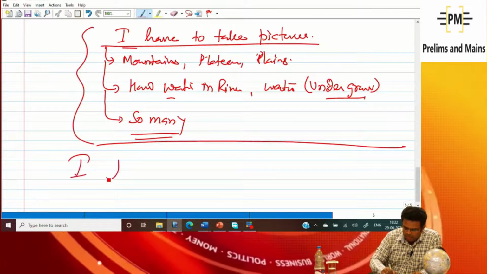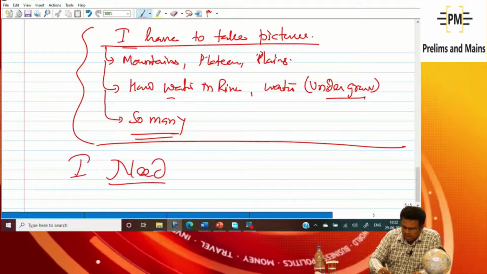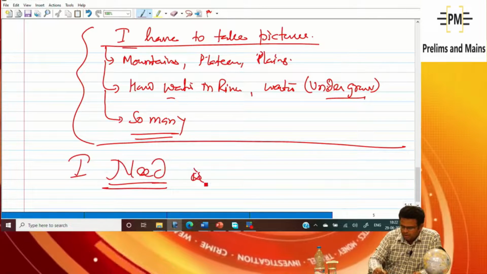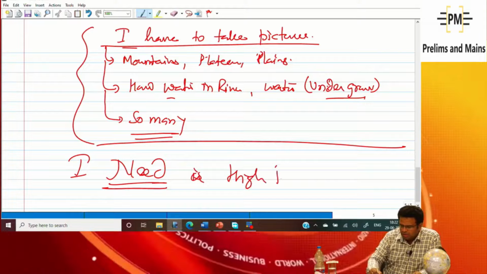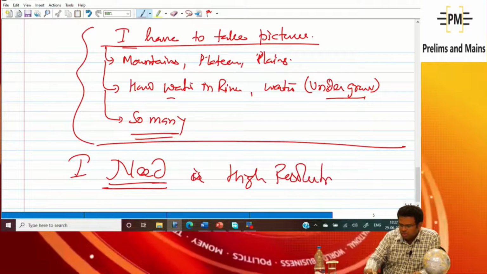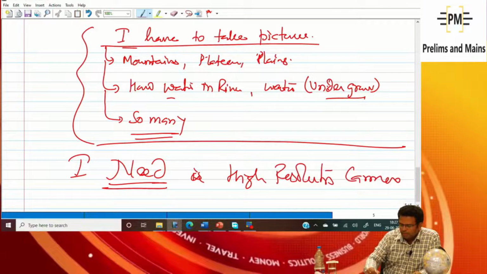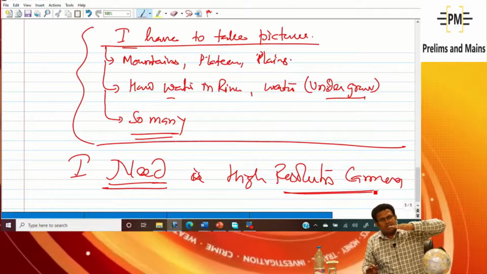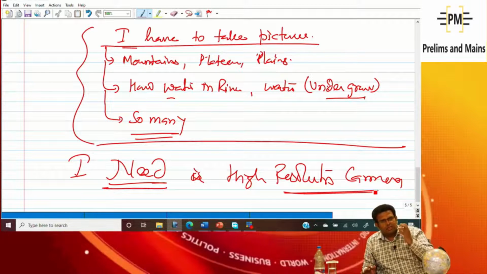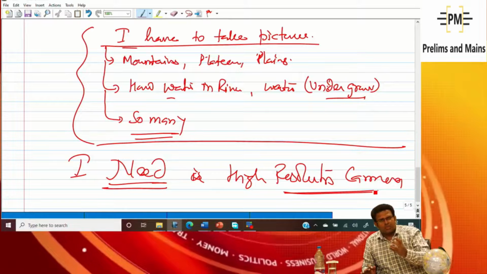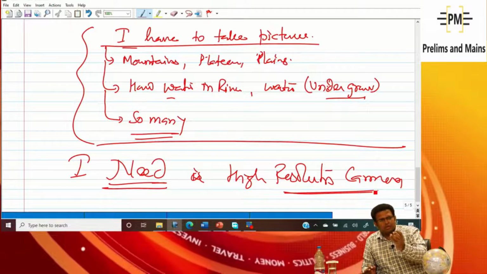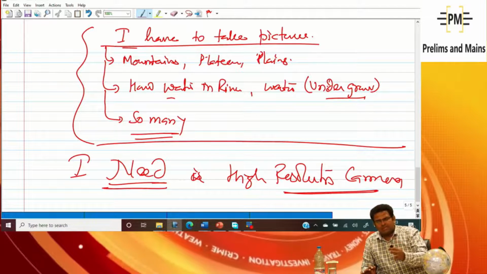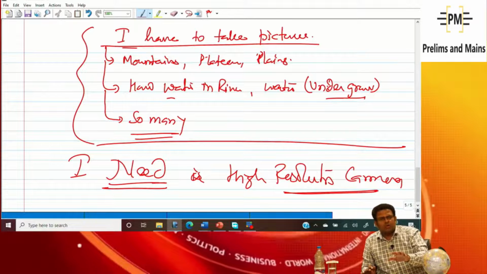I need a high resolution camera, and this camera can sense even below the earth which kind of resource is there. Iron is there, uranium is there, aluminum is there, copper is there, manganese is there, underground water is there.